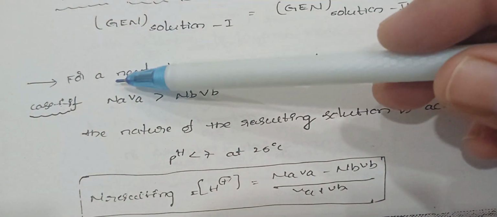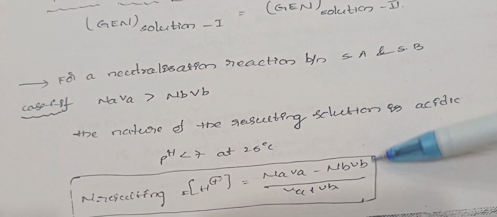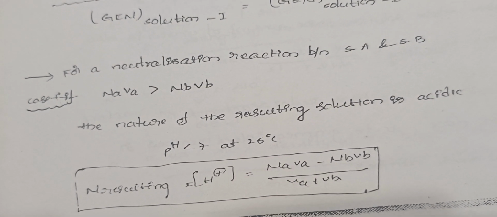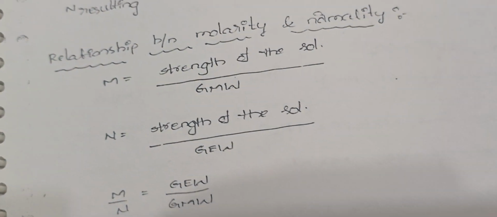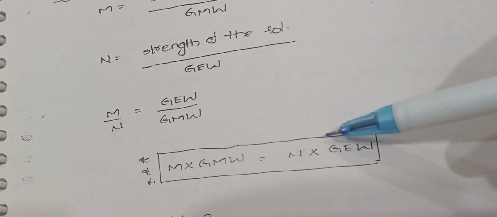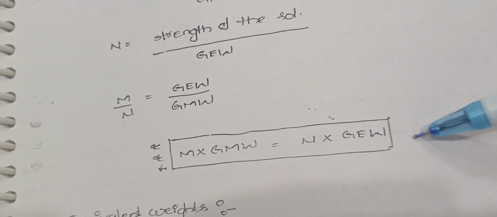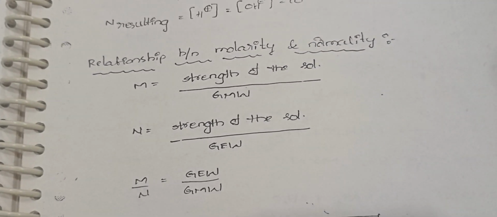We will be taking that one as the first one, so that we will be taking the formula like this. Okay. Now the relation between molarity and normality. Now this one is also very important. So molarity into molecular weight equal to normality into gram equivalent weight. Okay, this is the relation between molarity and normality. This one is also very, very important, right?